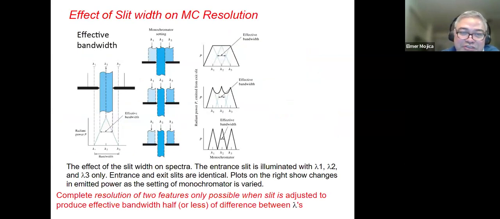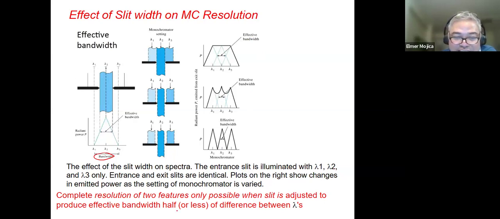So if you look at the effect of slit width on monochromator resolution, this is how it happens. This is what we call the bandwidth. This is the effect when the entrance is illuminated with 3 wavelengths only.